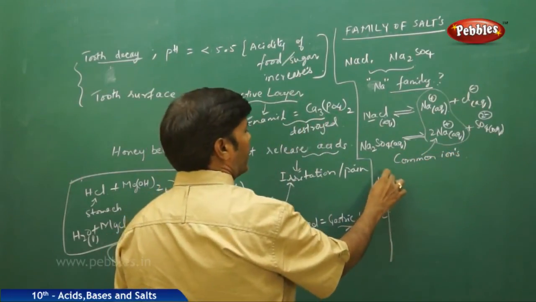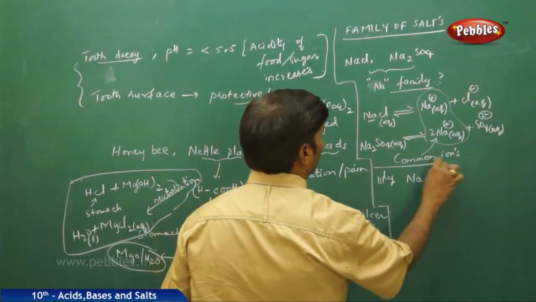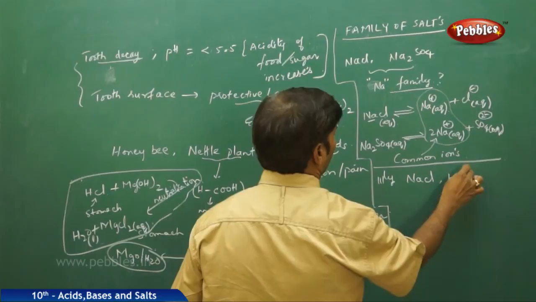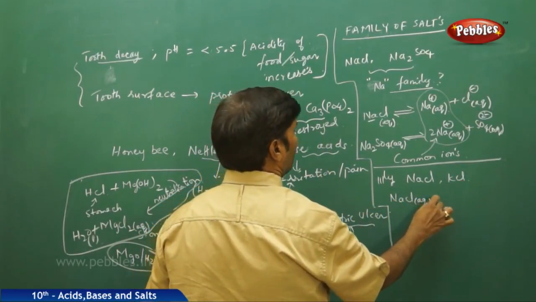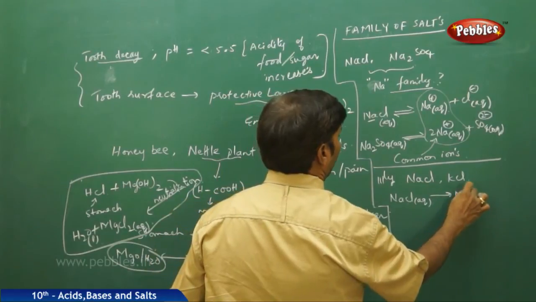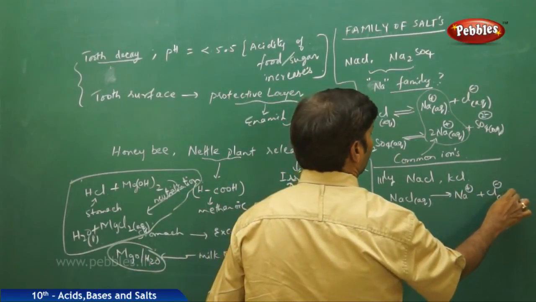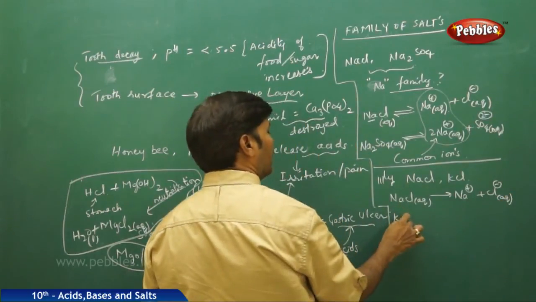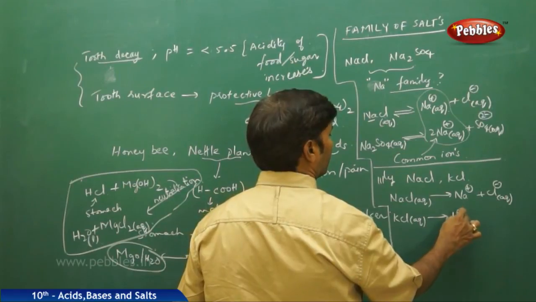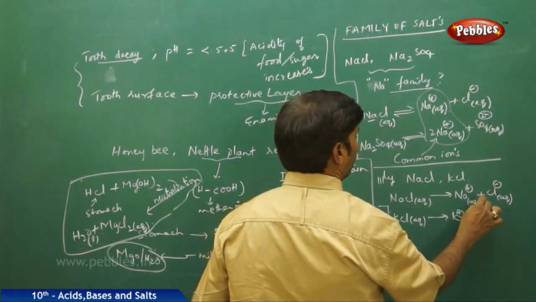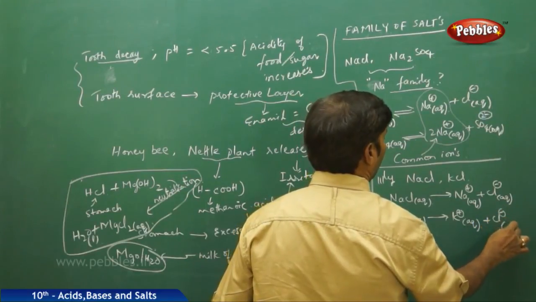Similarly, if you take sodium chloride and potassium chloride: sodium chloride aqueous gives Na+ and Cl- ions, and potassium chloride aqueous gives K+ and Cl- ions.